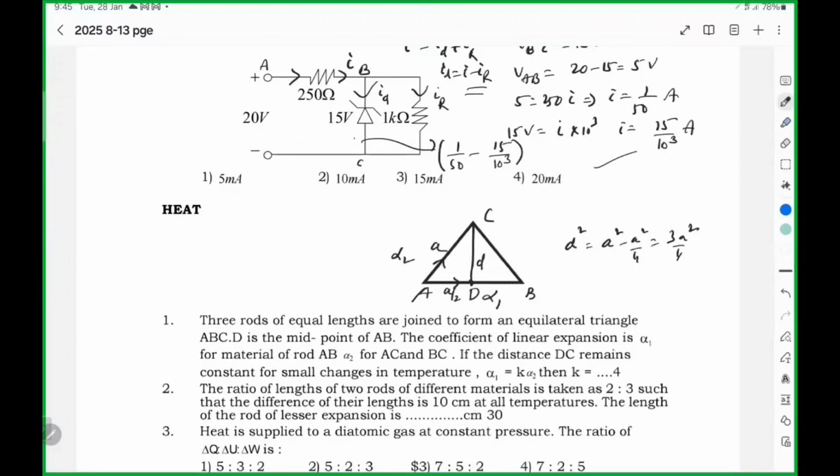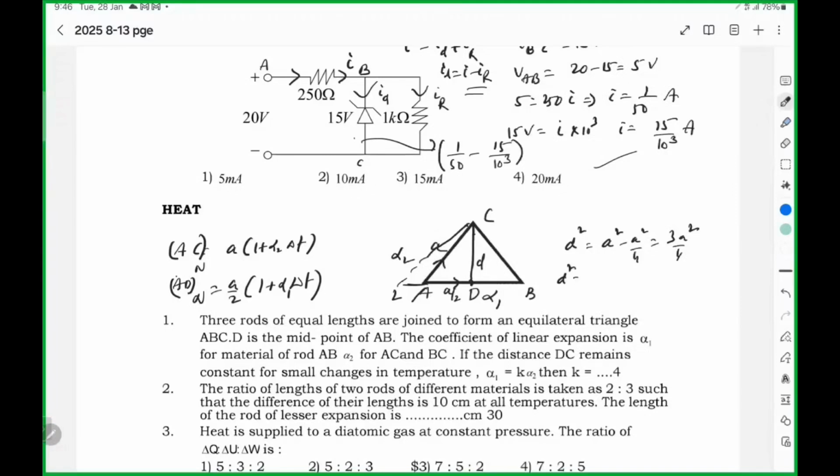So DC remains constant for small changes in temperature. Maybe AD changes, maybe AC changes, but D remains constant. So new AC will be A into (1 plus alpha 2 delta T). New AD will be A by 2 into (1 plus alpha 1 delta T).